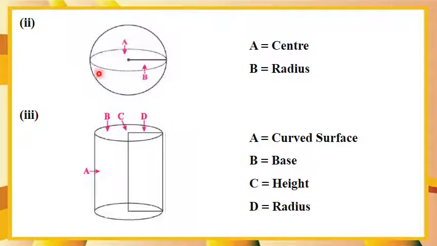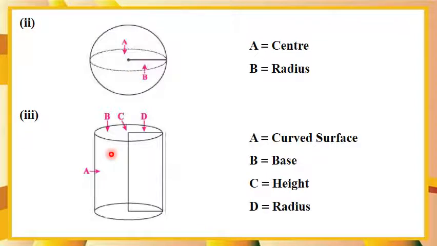Now part number 2, a sphere is given to you, and A is the center of the sphere, and B is the distance from the center to the outer edge, and it is called the radius. So A is the center and B is the radius of the sphere.